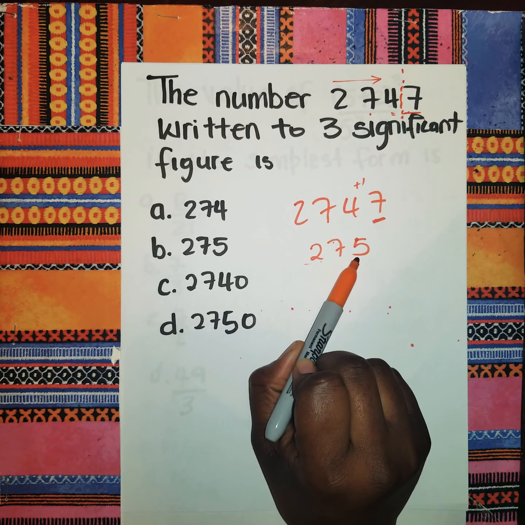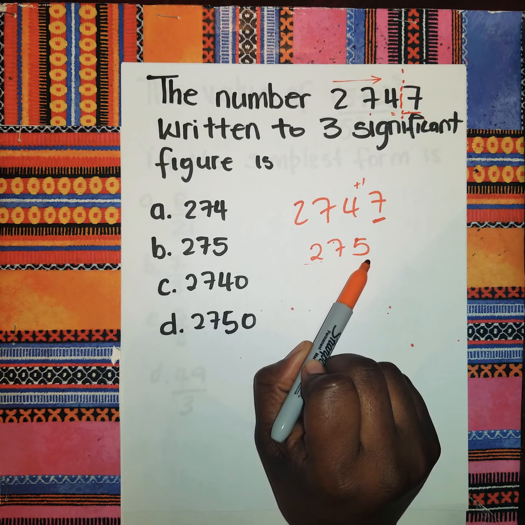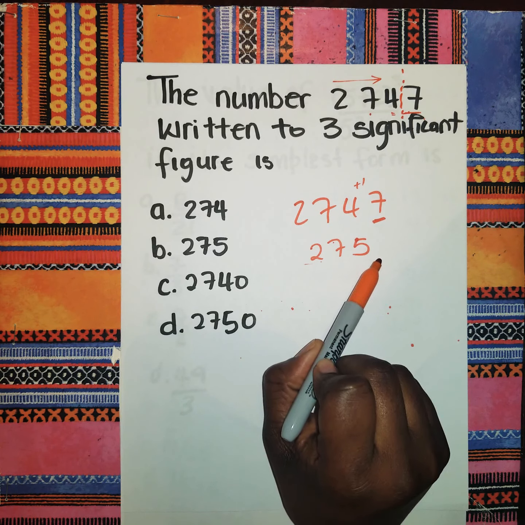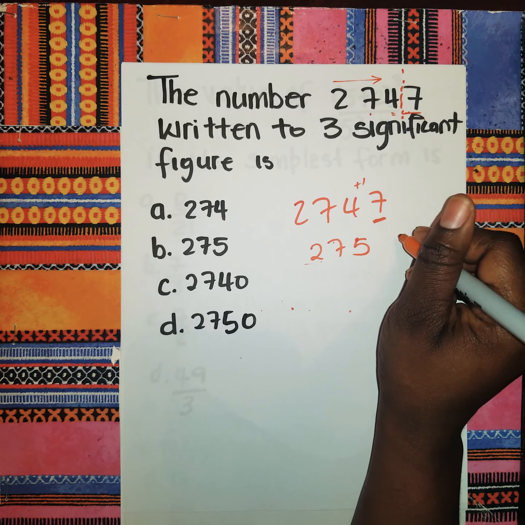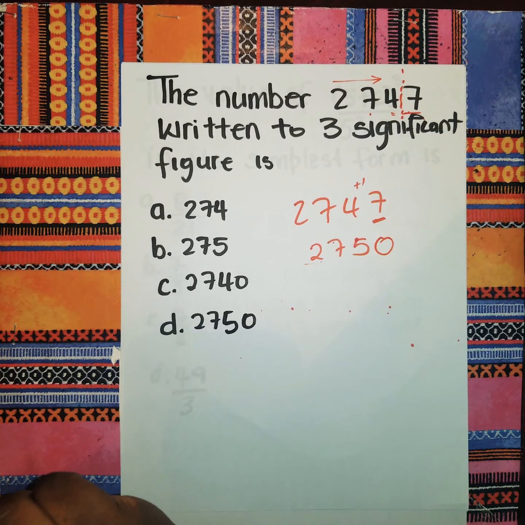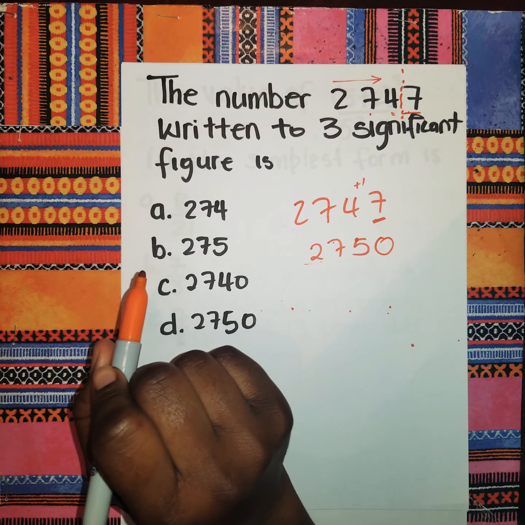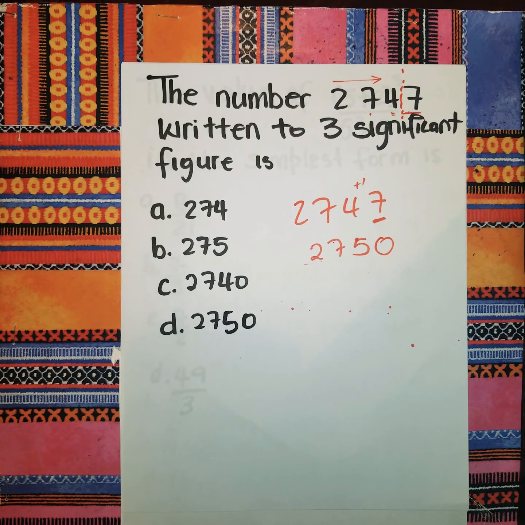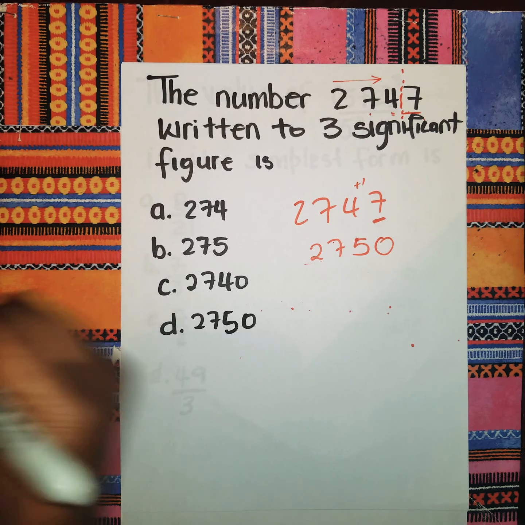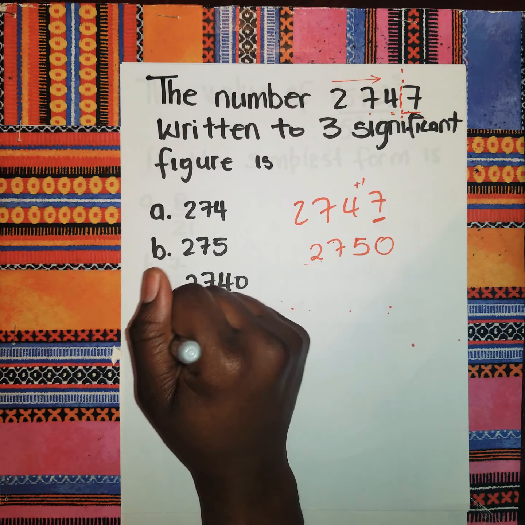So you have to ensure that you maintain the value of the number given. So what we do, guys, is write a 0 here as a placeholder, just to ensure that we are keeping the number in the thousands. So the answer will be 2,750, which is D.